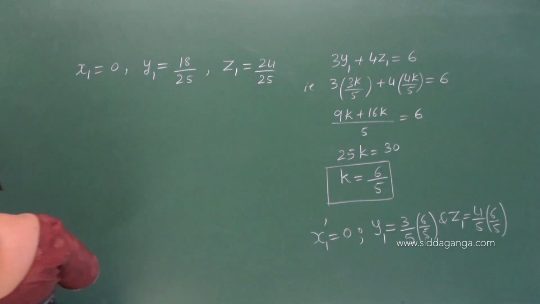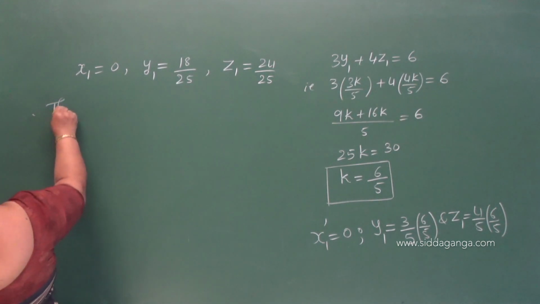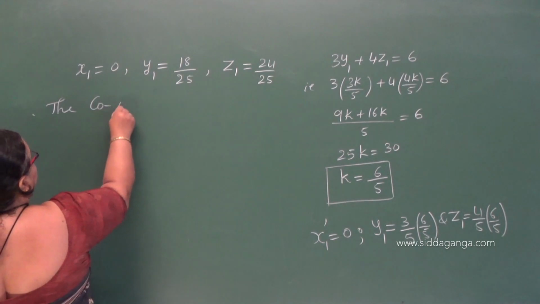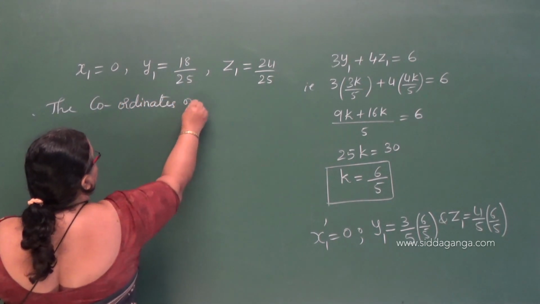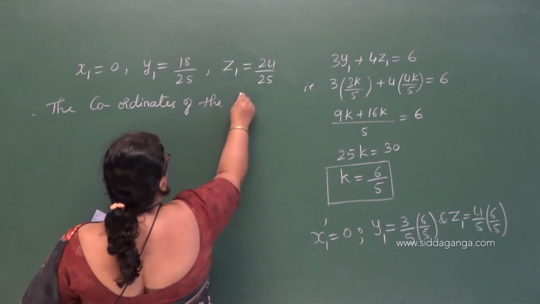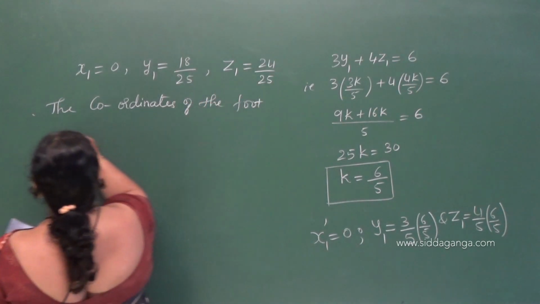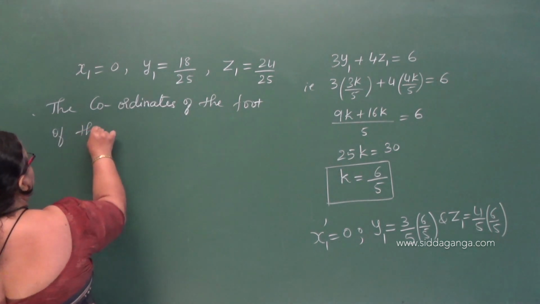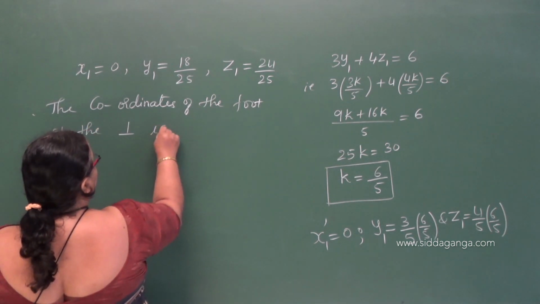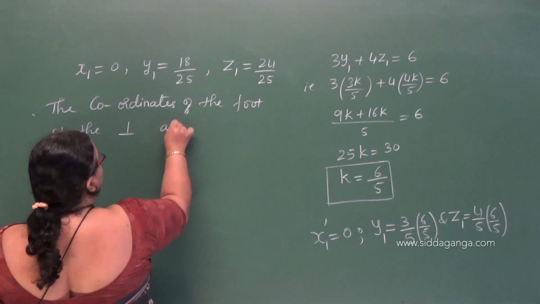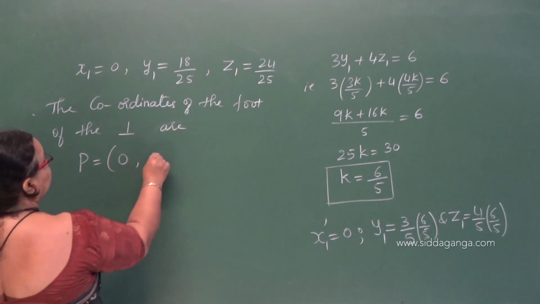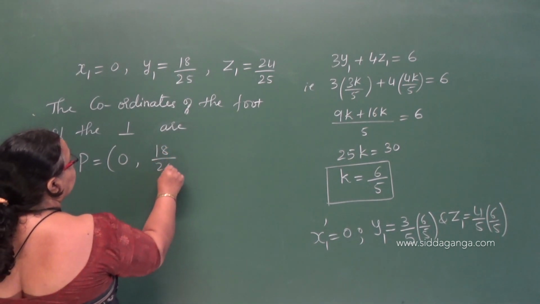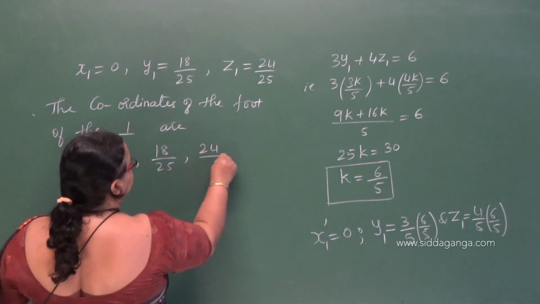So therefore the coordinates of the foot of the perpendicular are P equal to x1 comma y1 comma z1.